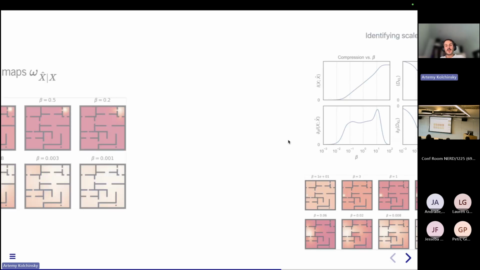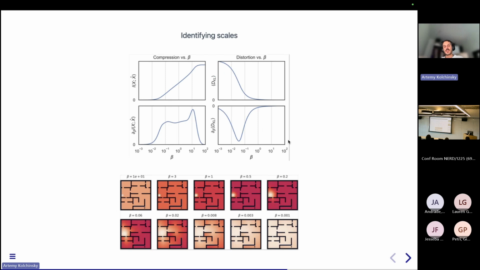Another thing that we can do, which I mentioned, is that this may give us some idea of finding natural scales in the system. We can look at how the compression and distortion cost vary with beta, the trade-off parameter, and we can look for local peaks or local troughs in the derivatives.